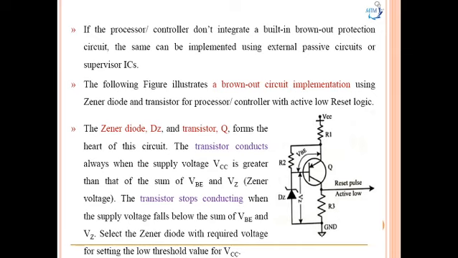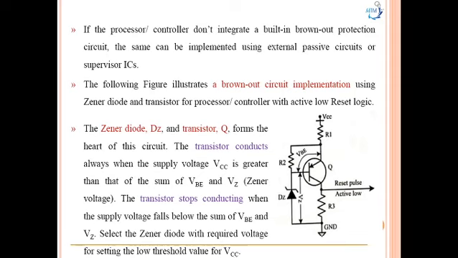And the following figure illustrates a brownout circuit implementation using a Zener diode and a transistor for a processor or controller with active low reset logic here. The Zener diode DZ and a transistor Q form this circuit.